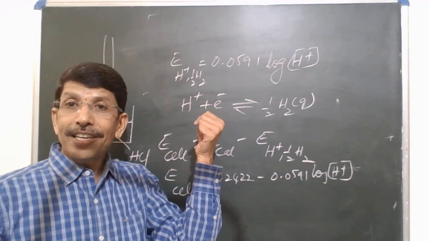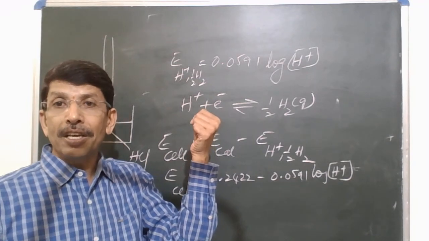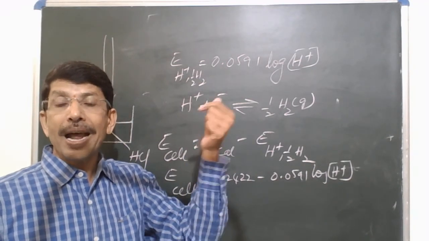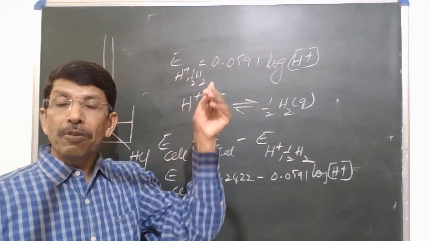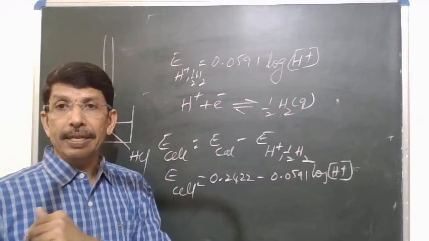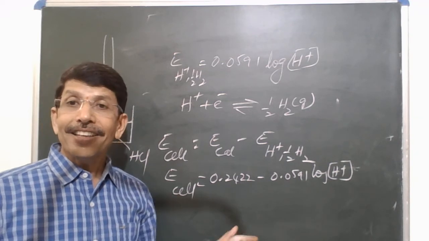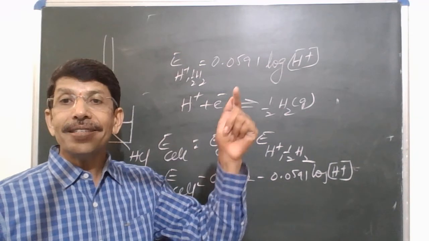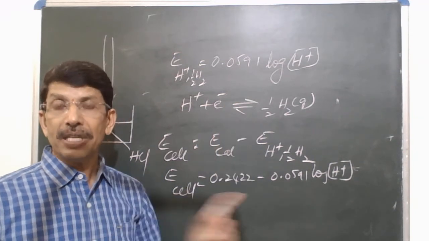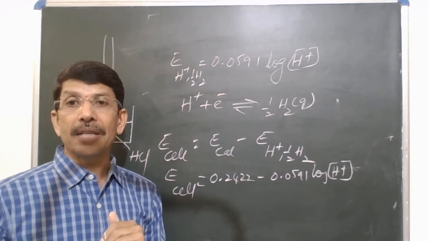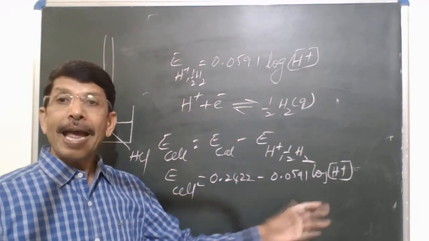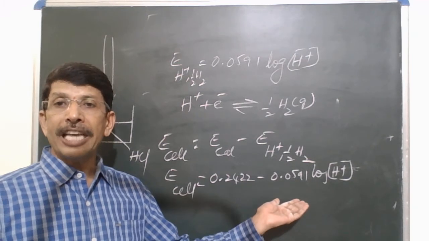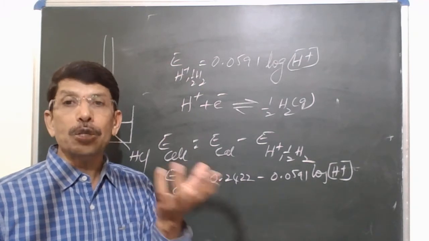So contrary to the earlier system where we considered quinhydrone and calomel electrode system, where EMF was decreasing continuously, here on the other hand EMF is increasing continuously, because now calomel electrode is acting as cathode and your hydrogen electrode as anode. The same explanation holds good for glass electrode also.